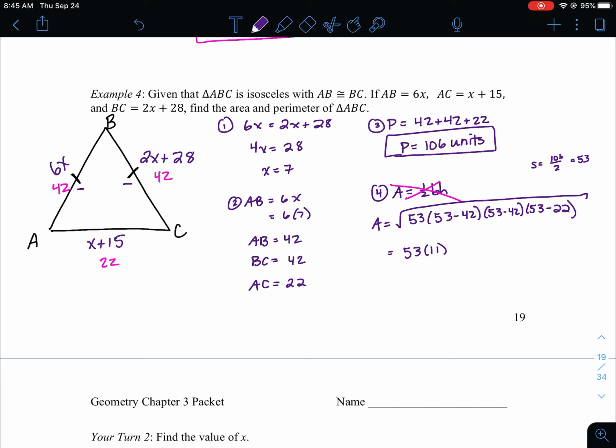So we get 53 times 11 times 11 times 31. If I multiply all of that together, I get 198,803. And if I take the square root of that, we get that the area is approximately 445.87 units.